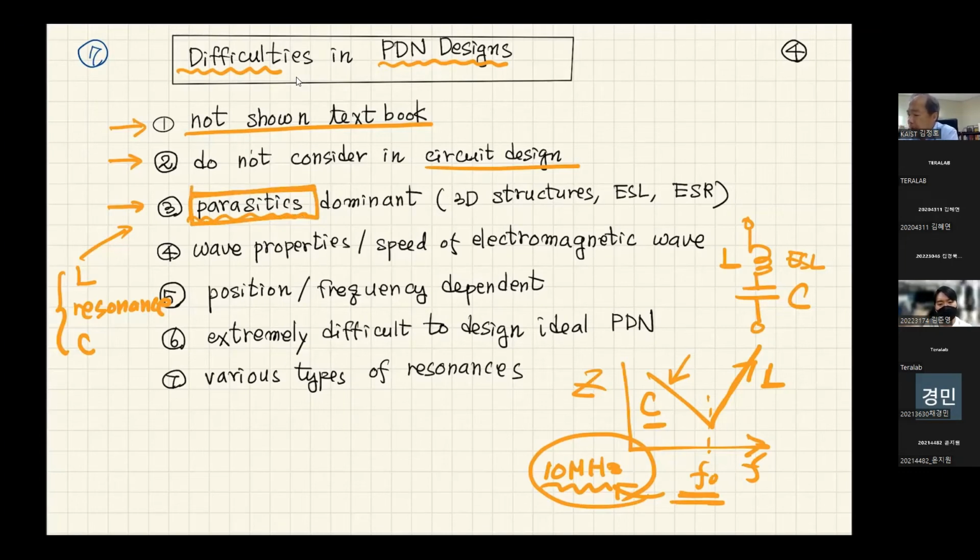Also, in some part, we have to be involved with wave properties. Power is delivered in the form of an electromagnetic wave, and this wave likes zero impedance. In a transmission line, the line likes 50 ohm impedance, which can carry high-speed long-distance signaling, but in a power supply network, the electromagnetic wave prefers a zero impedance transmission line.